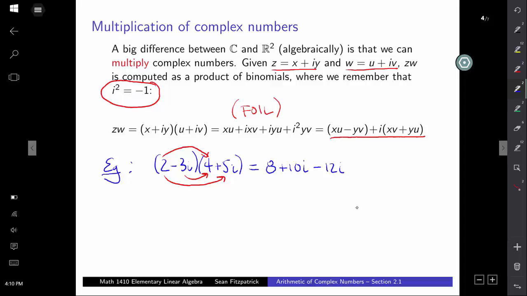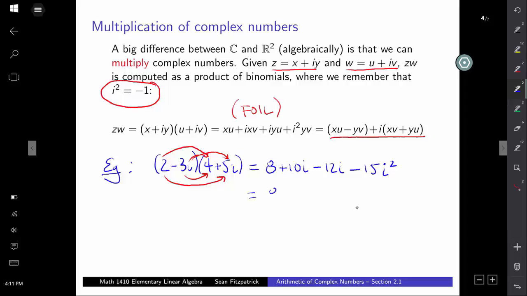And then the last one, minus 3 times 5, so I've got minus 15, but then I've got an i times an i. I've got minus 15i squared.